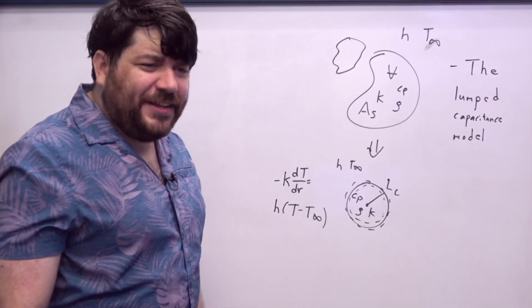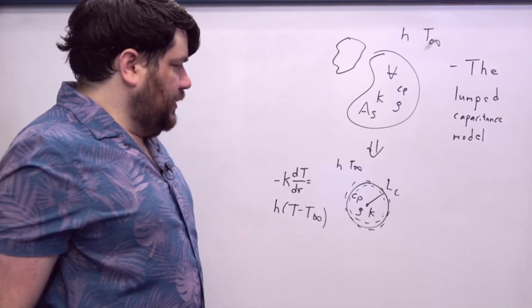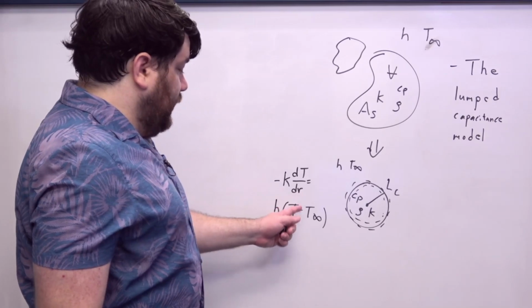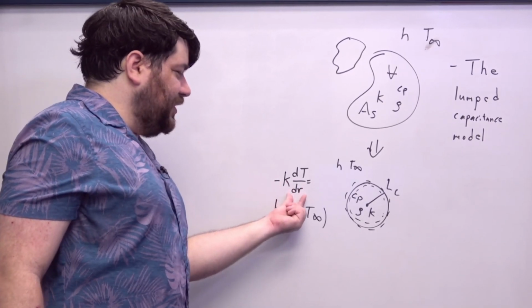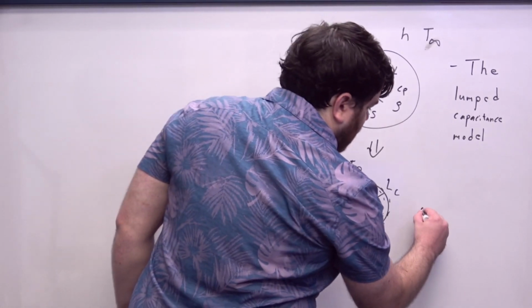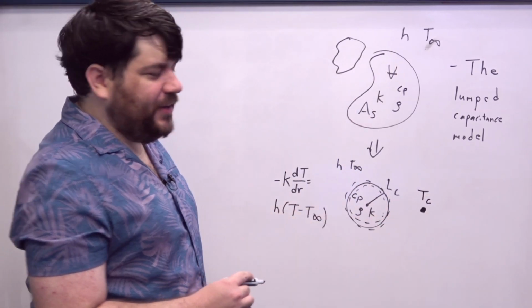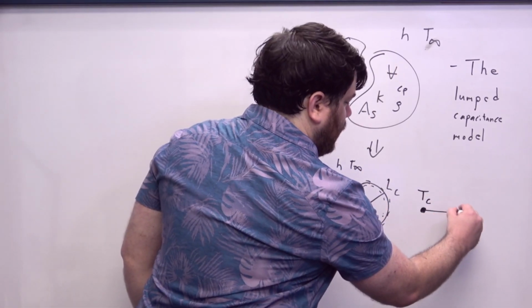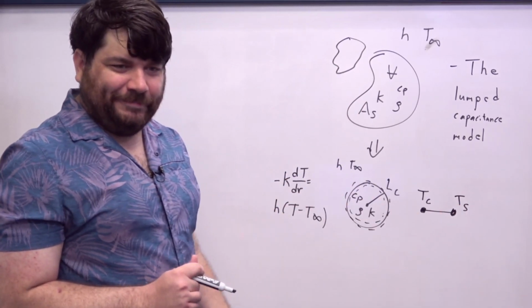But remember that we had said that the temperature of the object is not necessarily well defined. Like, what does that mean? And so because we don't know this, and because we have to assume some non-zero value for this or everything falls apart, what we can do is say that at the core of this sphere, we have some temperature Tc, and then at the surface, we have some temperature Ts.